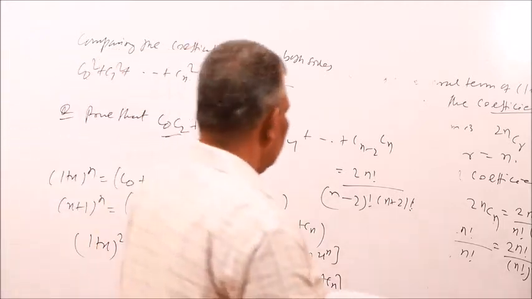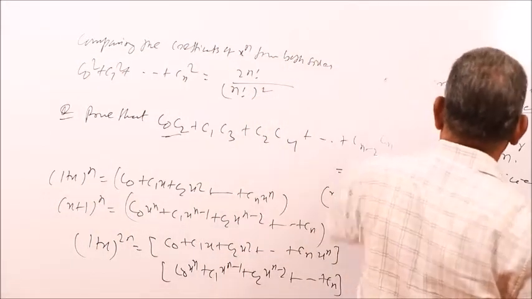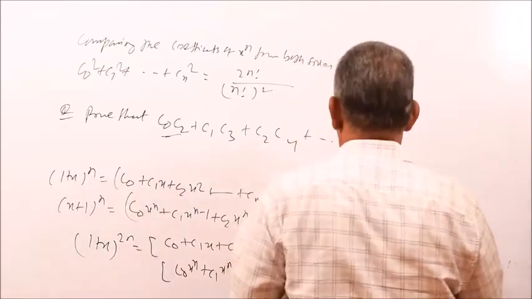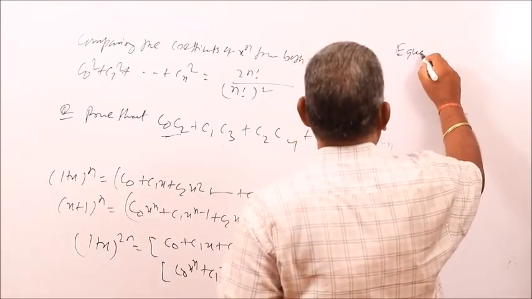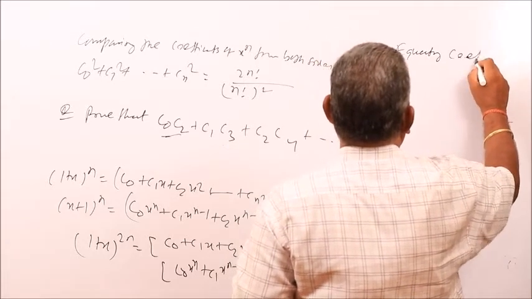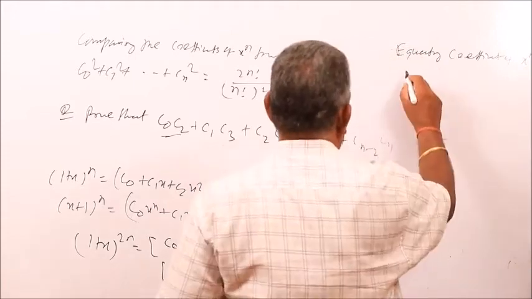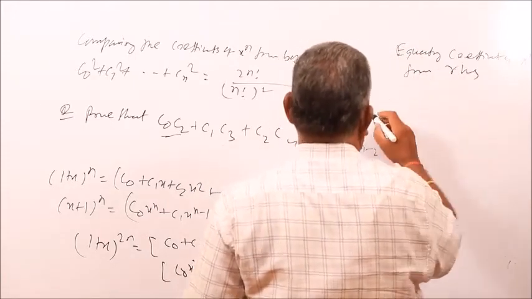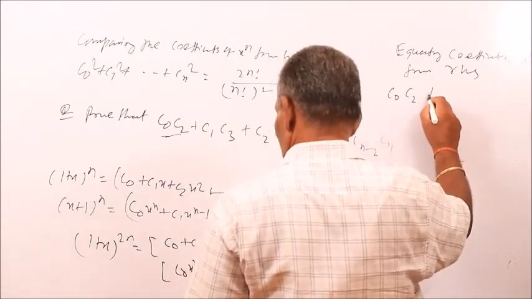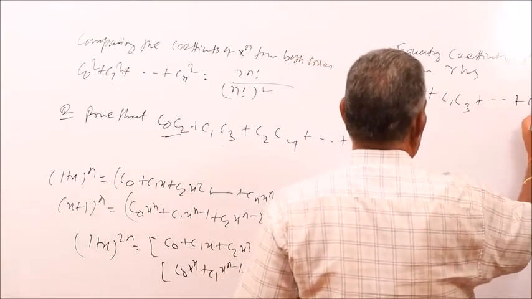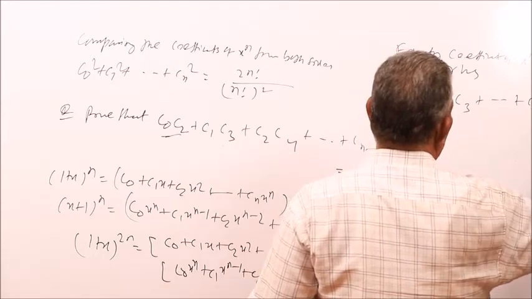So equating the coefficient of x to the n minus 2 from RHS, we have C0 C2, C1 C3, like this up to Cn minus 2 Cn.